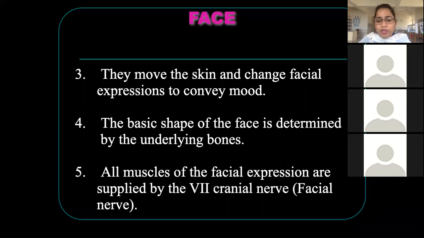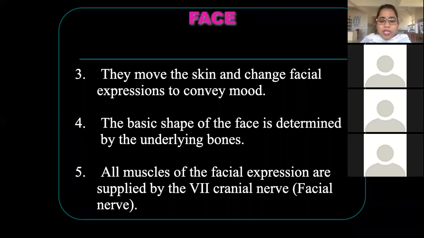So whenever you have emotional changes, they can be conveyed via the facial nerve to the facial muscles. Don't worry about this process, you will study and understand it later. Right now just understand that we convey our mood by showing changes in the facial expression.